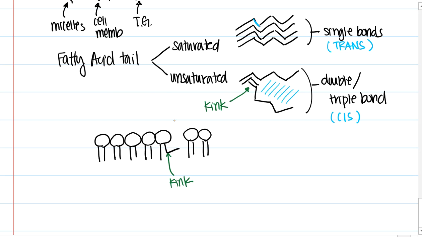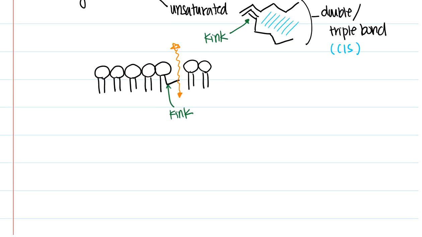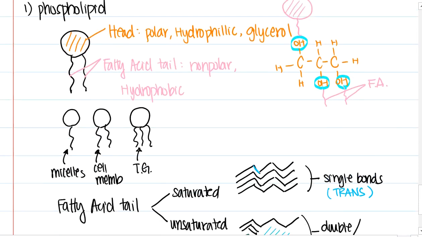It makes the cell membrane very, very fluid, allowing for particles to pass through, because while she's twirling with her leg up, all the other ballerinas are going to move away from her, allowing extra space in between this line of ballerinas for solutes to pass through. So the more unsaturated fatty acid tails you have, the more fluid your cell membrane is going to be. Good? All right.